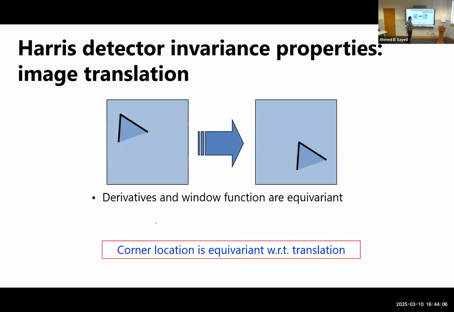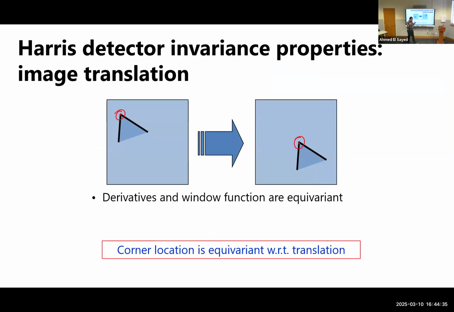So we'll start with the shifting, the translation. Assume that we have an image that has a corner. This corner is here. Then I translated this image to another location. So the corner is here. Did the corner disappear? No. So the feature still exists.